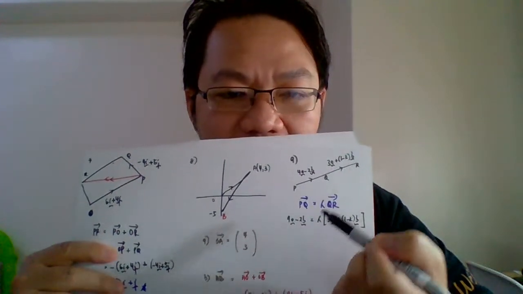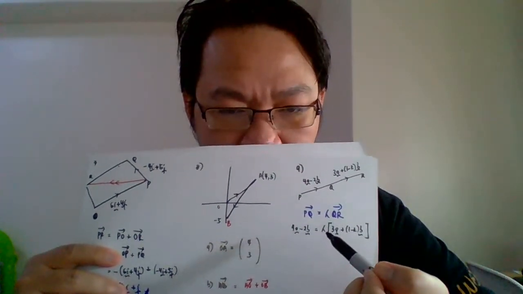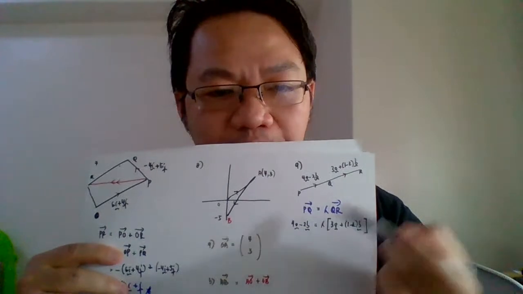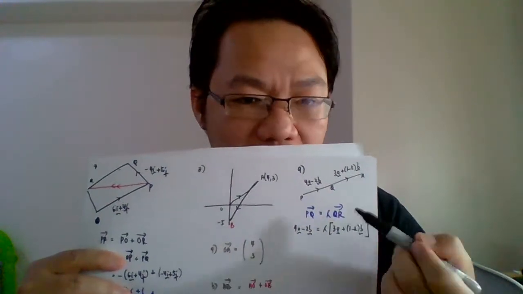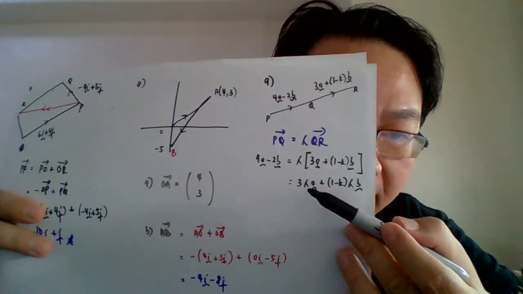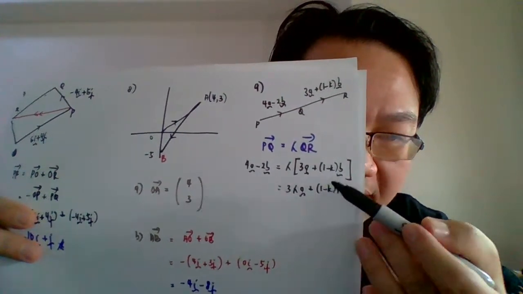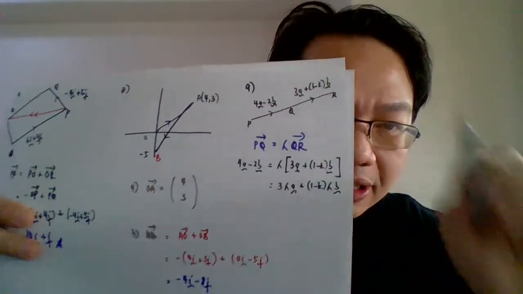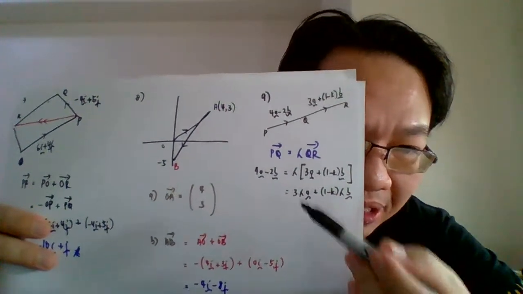And don't forget our lambda outside the bracket. Your next step, expand lambda. You need to expand. You are supposed to get like this: 3 lambda A plus (1 minus K) lambda B. Now, as usual, we just compare left and right.